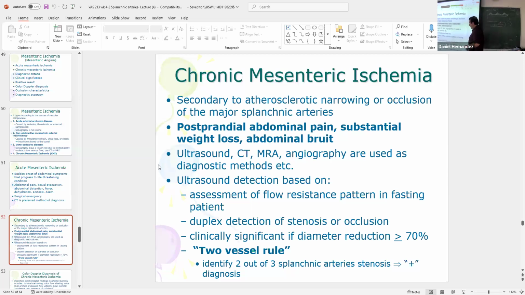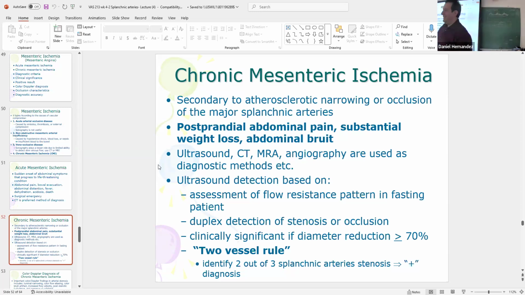And then the 2-vessel rule, where you have to identify 2 out of 3 vessels being positive to make that diagnosis. So 2 out of 3 have to be stenotic in order to make the diagnosis of chronic mesenteric ischemia.